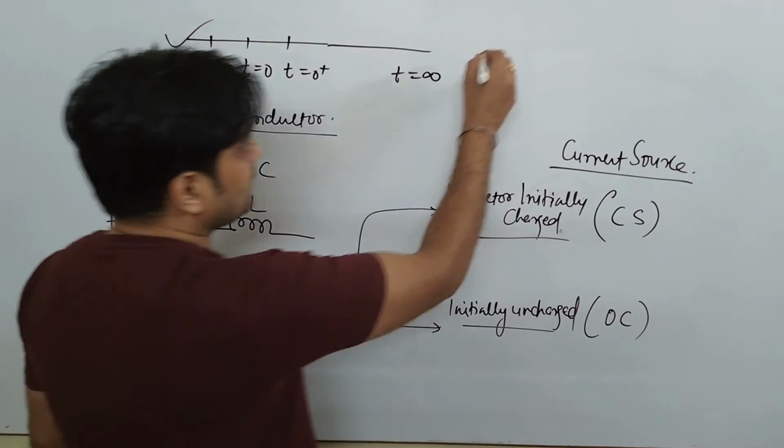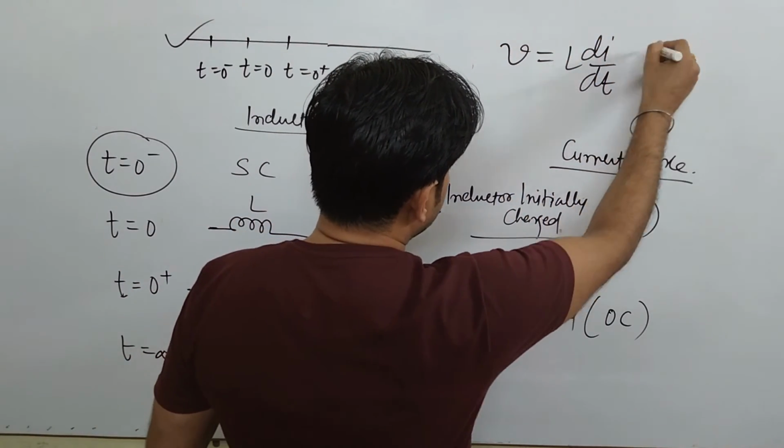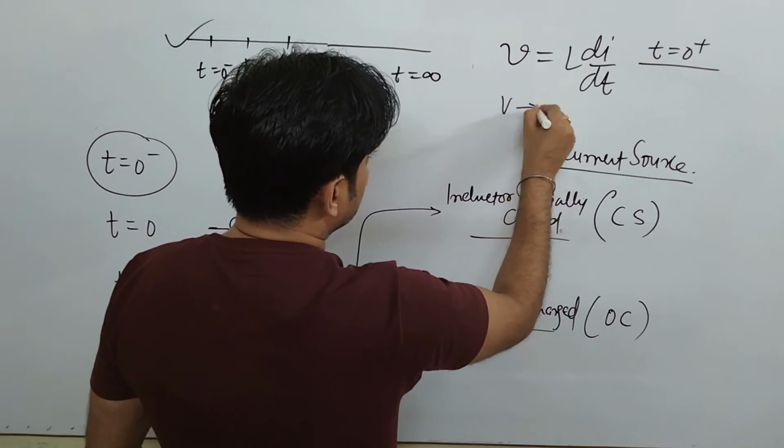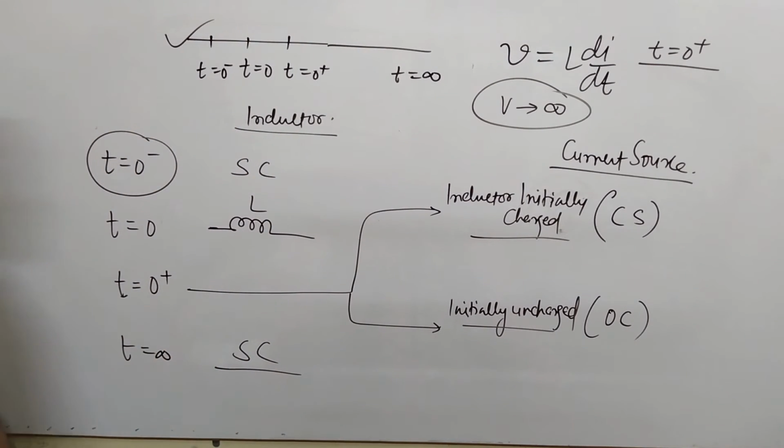Now again the same concept which I have explained in case of capacitor, it is di by dt. If you talk about t equal to 0 positive instant, this voltage goes infinite. Practically it is not possible. Okay, V goes infinite, that is VL equals L di by dt.